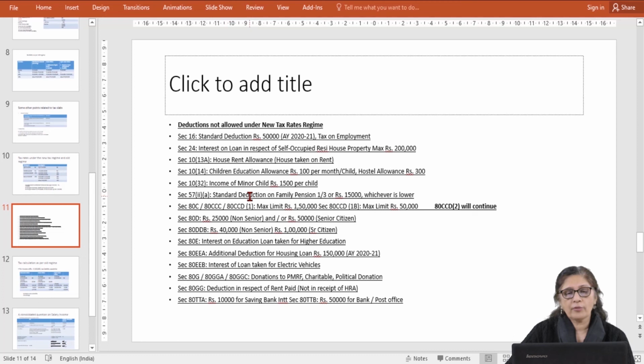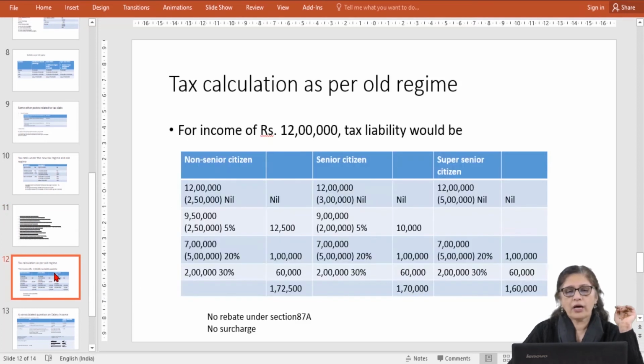Standard deduction on family pension, not allowed. Section 80C, 80CCC, 80CCD(1), 80D, 80DDB, 80E, 80EE, 80EEA, 80EEB, 80G. No deduction is allowed under section 80C to 80U except one. Only one deduction continues in the new regime, which is 80CCD(2). And 80CCD(2) is what? Contribution to NPS by the employer.